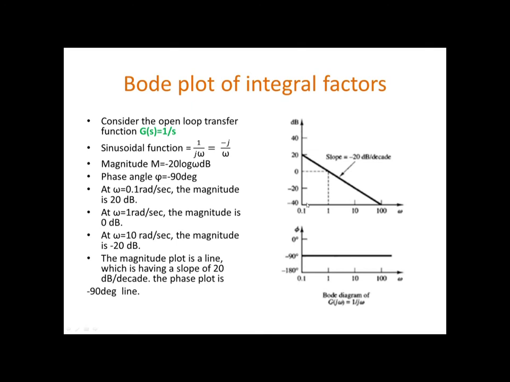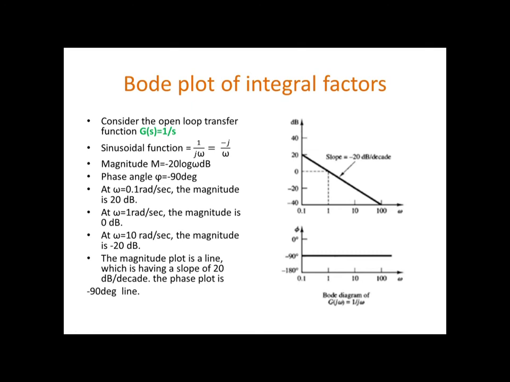So when we start to vary the value of omega from 0.1, if we put the value of omega 0.1 over here in this magnitude relation, then it becomes 20 dB. So it is plus 20 dB, that's why at 0.1 the dB is 20 and the graph will start from this point.